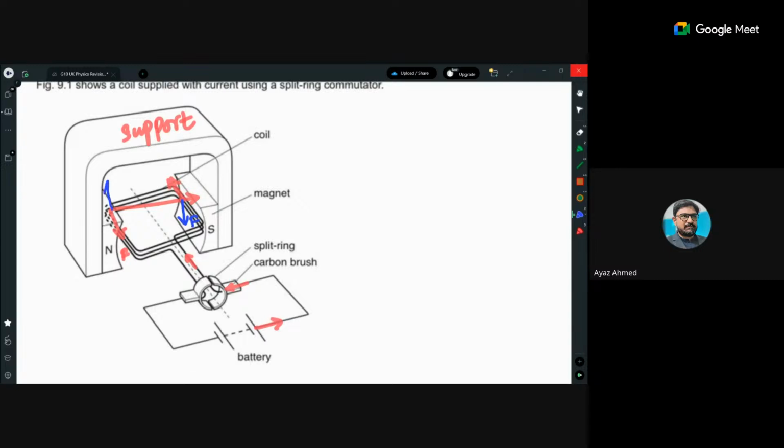Downward. Is it? Do you agree? देखो, मैग्नेटिक फील्ड इज देयर.